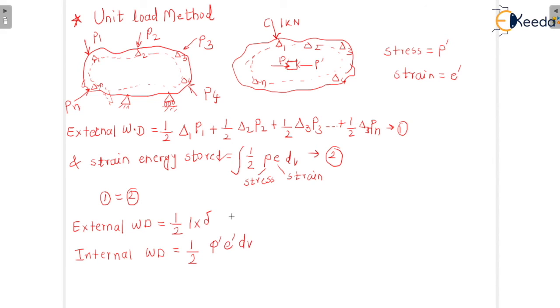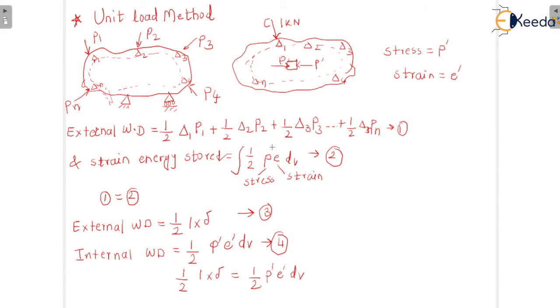Now when we compare these two equations, number 3 and 4, half of external work done equals internal work done, half of P dash E dash dV. When we write like this, if P system of forces is applied to the body, then external work done is as we have got here.